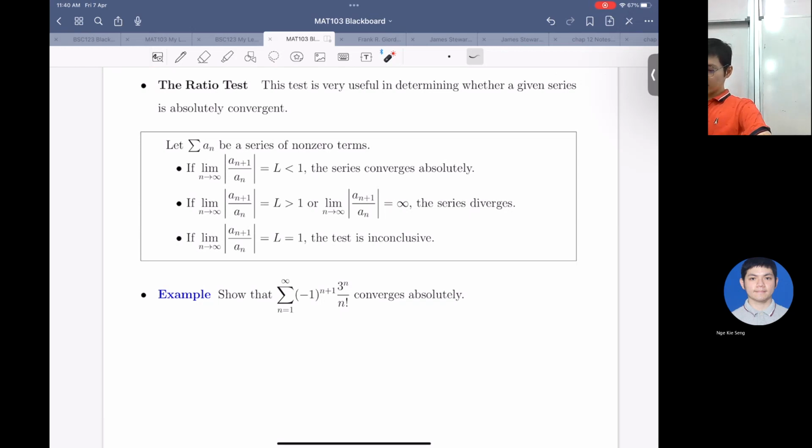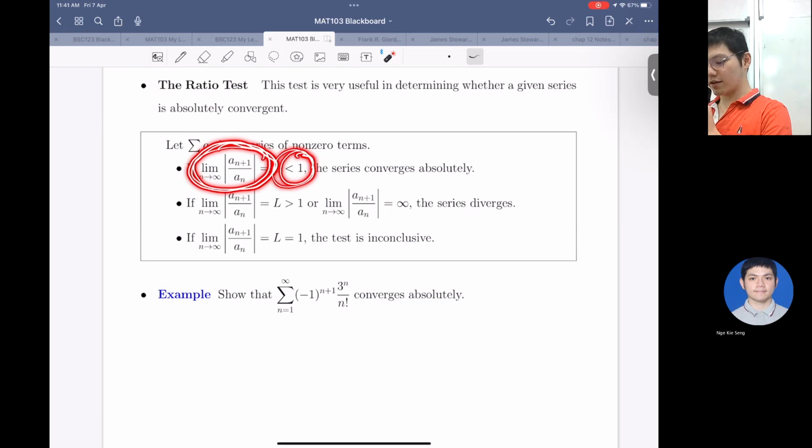But the ratio test will give you this condition if you check that An plus 1 over An has a limit equal to some number that's less than 1. So does everyone know what we want to do now? We want to compute this limit, whether it is less than 1 or not. If it is less than 1, then it converges absolutely. Okay, let's try and do it.